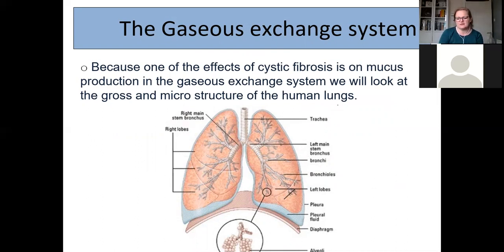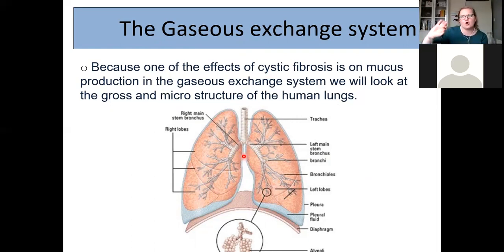So we've got our trachea coming down. Let me put my pointer on actually. So we've got our trachea, which obviously joins up with the nose and the mouth, and our trachea comes down and breaks into two halves because obviously we have two lobes of the lungs, which are our bronchi.